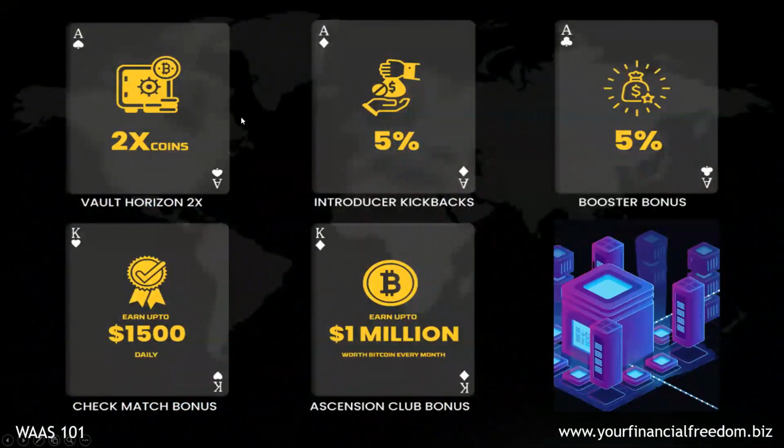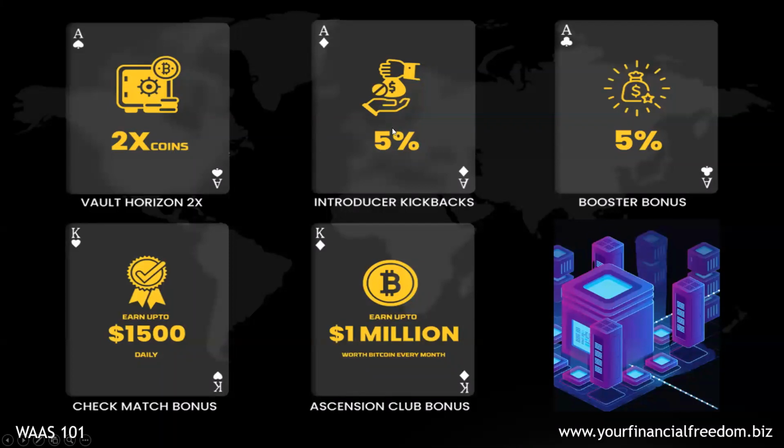Now here, I mentioned there are multiple ways of earning within this platform, right? One, Vault Horizon. You will get coins in the Vault Horizon 2 times and 3 times, depending on what time we are in. You have the introducer kickback.